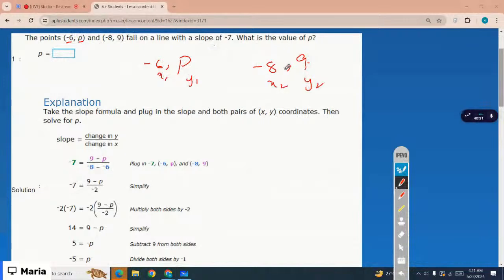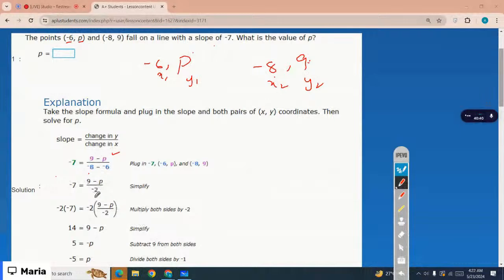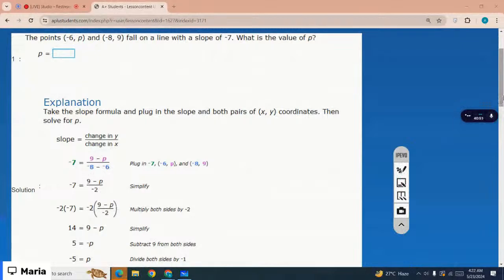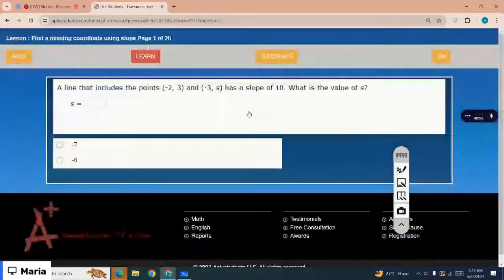So y2 minus y1, 9 minus p, then minus 8 minus negative 6, right? So that would be 9 minus p divided by minus 2. You have to cross multiply and solve the equation for p. Got it? You can have a look at the tutorial by yourself. They are already solved. Let's just start with the test questions.